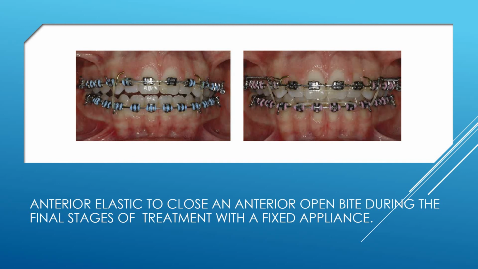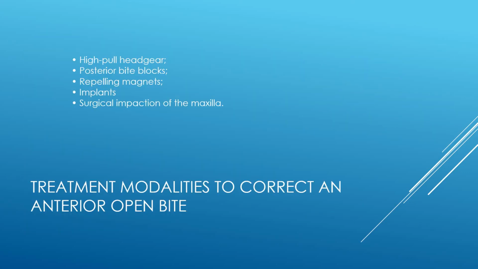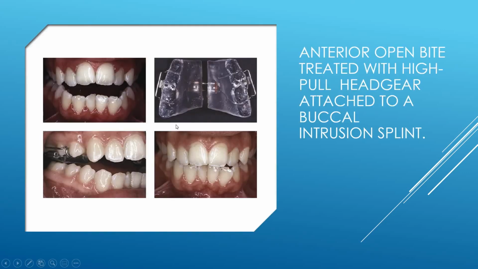Heavy anterior elastics are used to stop the anterior open bite getting worse and bring the incisors together and the molars tipped distally. This is further facilitated by removal of terminal molars, which are closer to the hinge and should help close down an anterior bite by removing the posterior occlusal contact, as you see here.